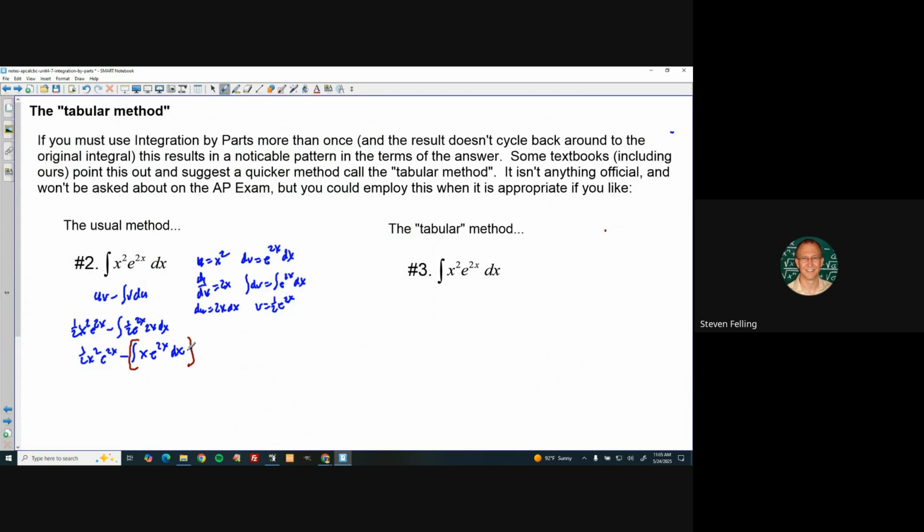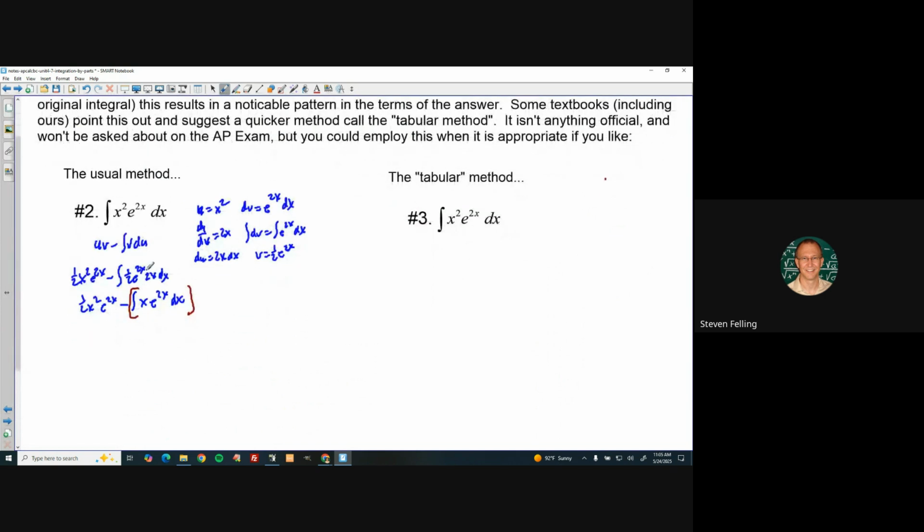Right, and for the second integration by parts, we're going to say, all right, the u is x this time, the dv is e to the 2x dx, so the du dx is equal to 1, and that makes the du equal to dx.